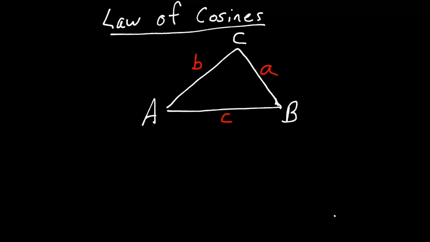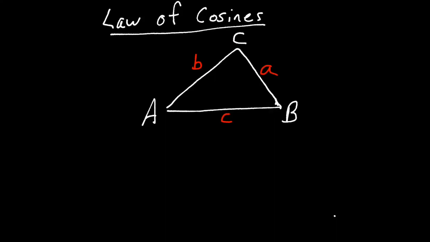And what the law of cosines is going to allow us to do is, when we know certain pieces of information and we're trying to figure out all the pieces of information, we want to know all three angles and all three side lengths. But if we're only given certain pieces of information, we can use the law of cosines to figure out some of the other ones.